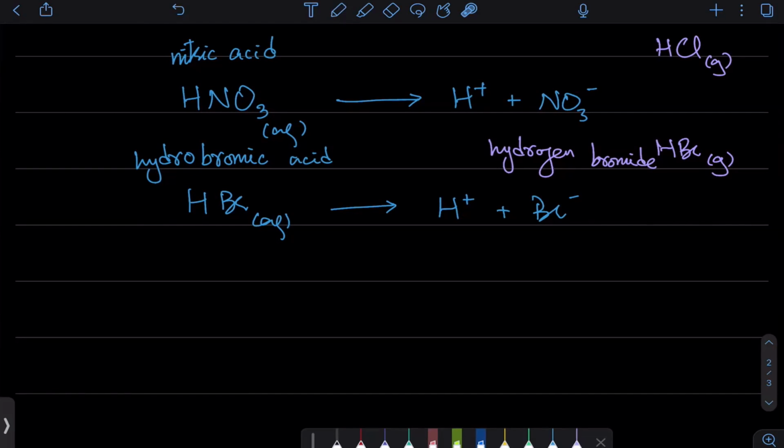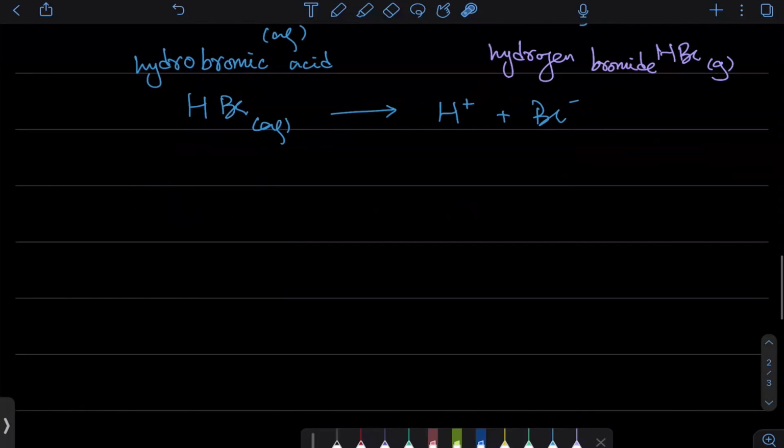Why? Because an acid is only when it is dissolved in water. If it is dissolved in water, then it is hydrochloric or hydrobromic or whatever you have. If it is not, you don't write that. So this thing will split into these ions, and there you go.